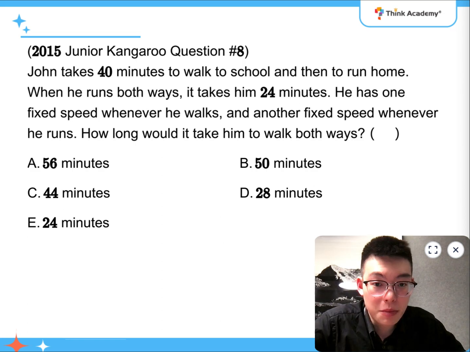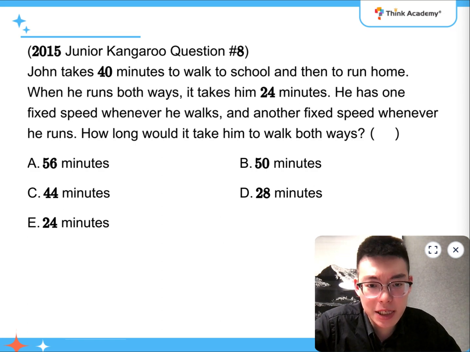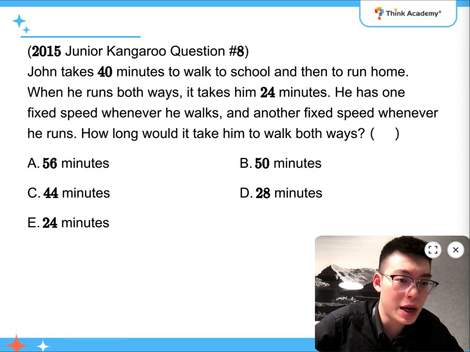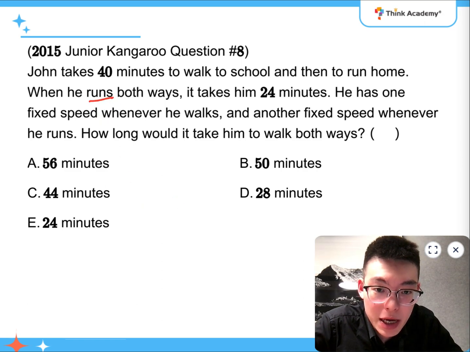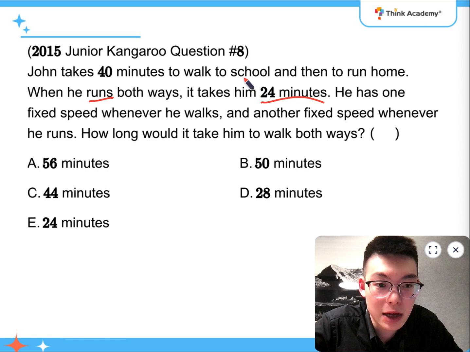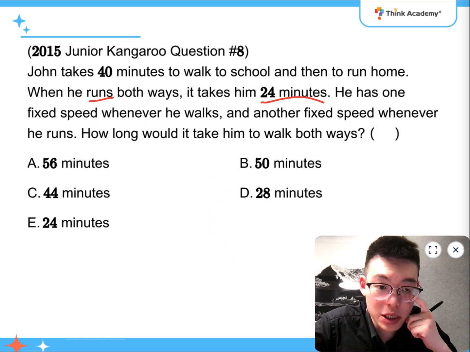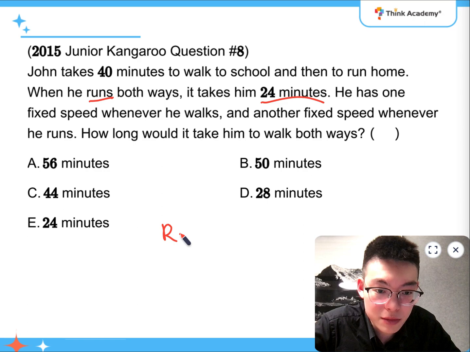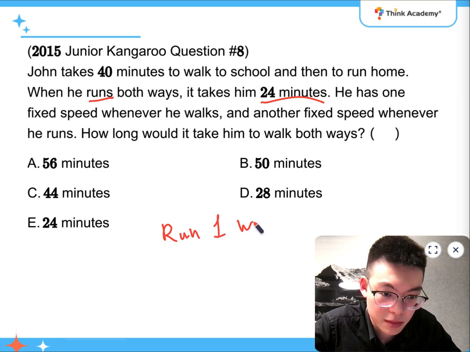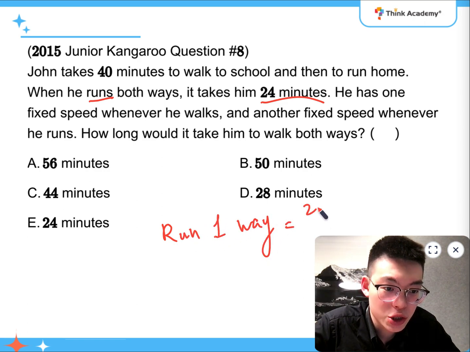And then for question number 8, it says that John takes 40 minutes to walk to school and then run home. So when he runs both ways, it takes him 24 minutes. And he has one fixed speed when he walks, another fixed speed when he runs. So it means that running one way is 24 divided by 2, which is 12 minutes.